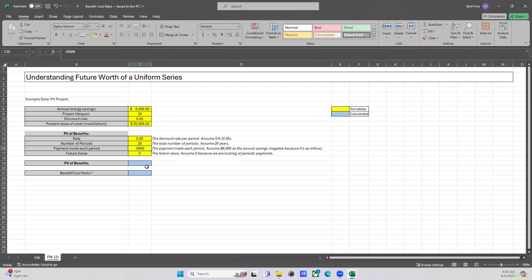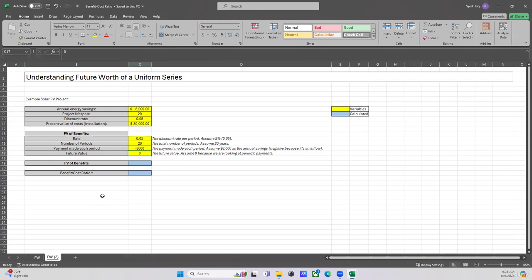It's actually an inflow, not an outflow, so it's minus 8,000. It's not really a payment, it's the opposite of a payment. And the future value is 0, meaning you are not receiving a lump sum after 20 years. It's every year you are earning something.